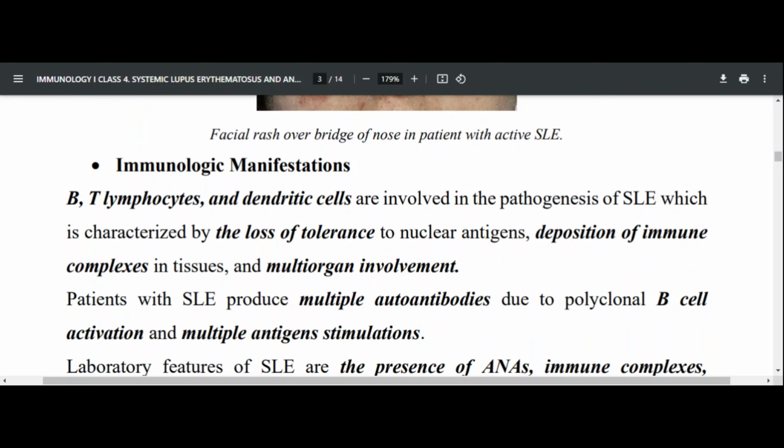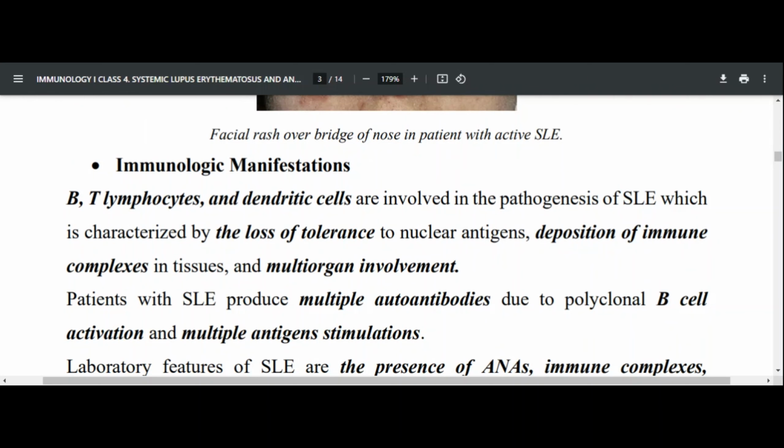Dendritic cells process antigen and present it to the T lymphocytes, and the T lymphocyte is able to direct the B lymphocyte to produce specific antibodies. This is enough to mediate the manifestations and pathogenesis of systemic lupus erythematosus.